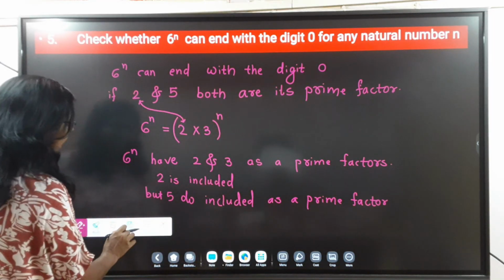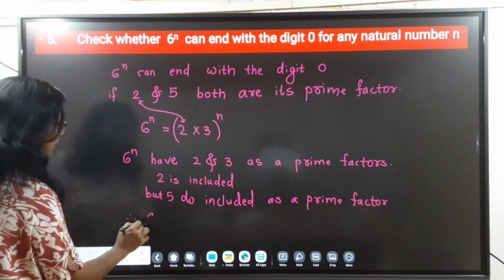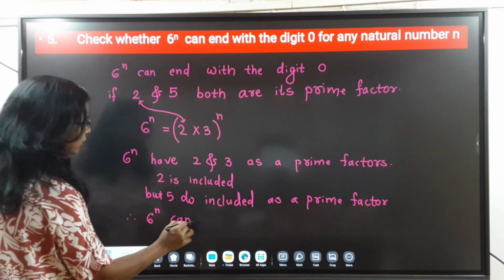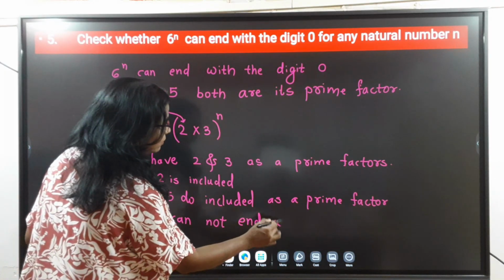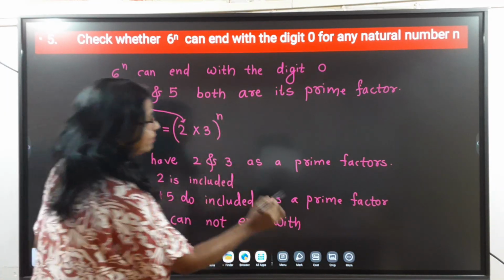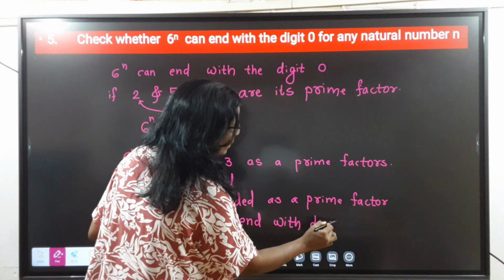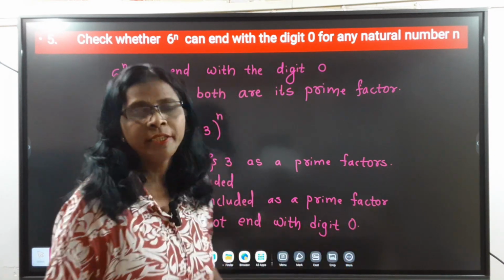Therefore, 6 raised to n cannot end with the digit 0.